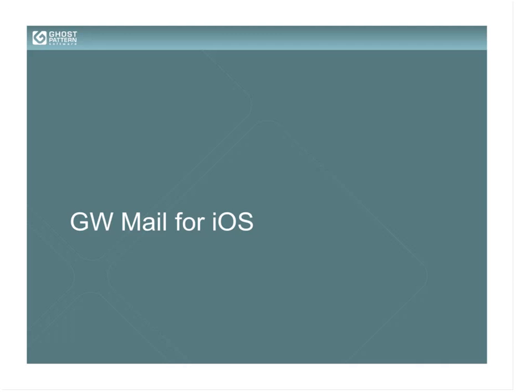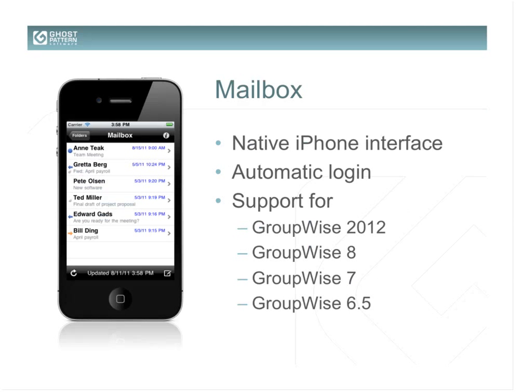So let's dig into it a little bit more. Specifically, our GW Mail app is designed to deliver your mailbox using a native iPhone interface. It automatically logs in when you run the app, and we have support for GroupWise 12 all the way back through GroupWise 6.5. Not very many people are running GroupWise 6.5, but there are a few.